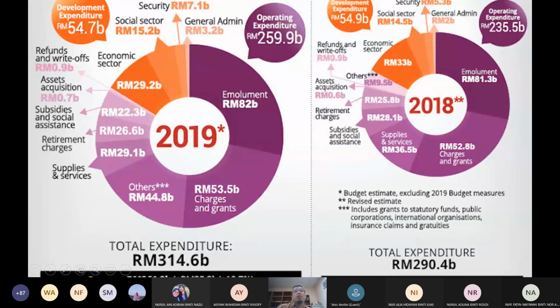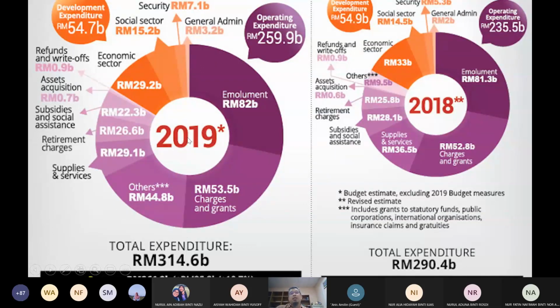I think these they combine with development expenditure as well. So on the top left there, the amount of development expenditure. In total, 259 billion is operating expenditure with the 54 billion development expenditure. So the total is 314 billion, 314.6.